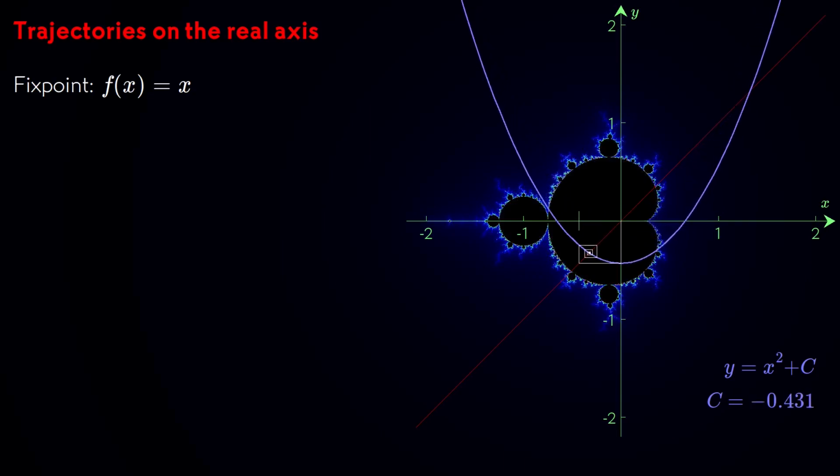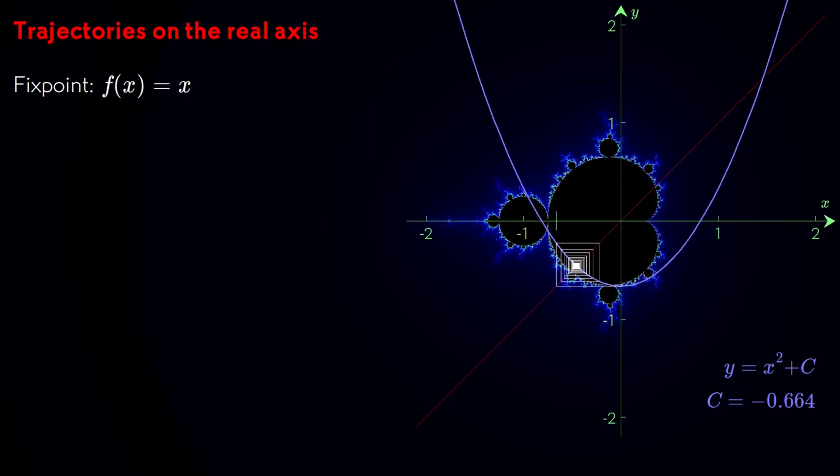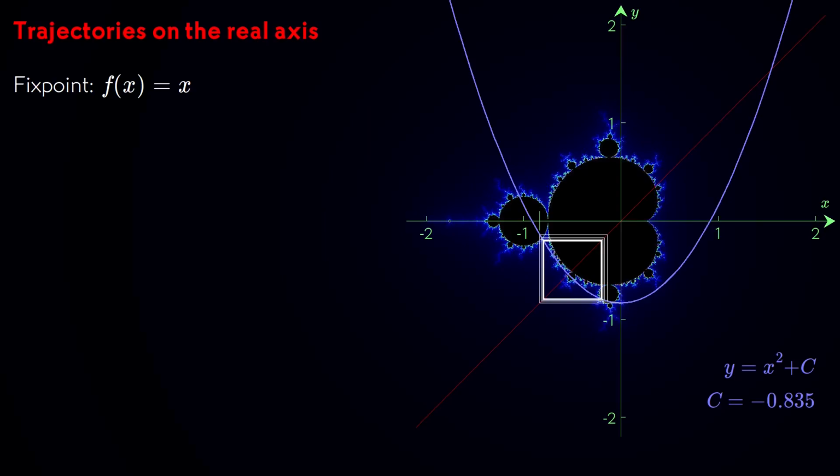As we move to negative c, we see another phenomenon. Replacing x with x squared plus c overshoots the fixed point, and so the iteration approaches the fixed point by alternating between values that are too high and values that are too low. With larger negative c, the process appears not to converge on the fixed point.